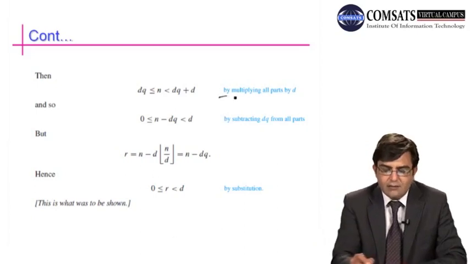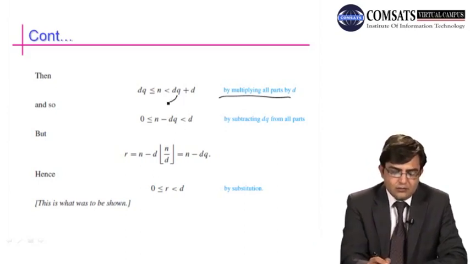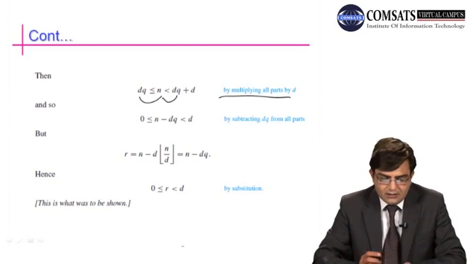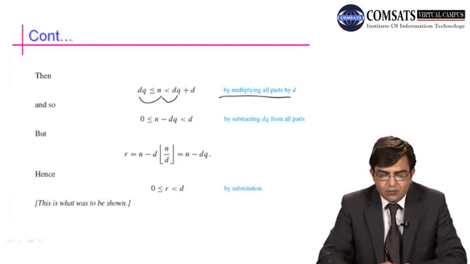So here we are multiplying all parts by d, and now we can take dq from all sides.